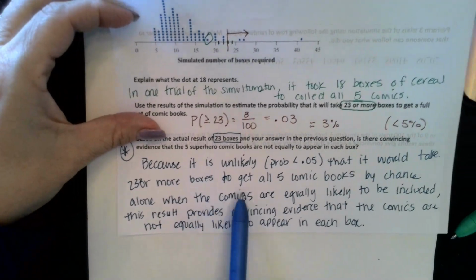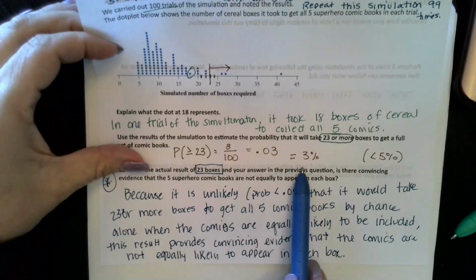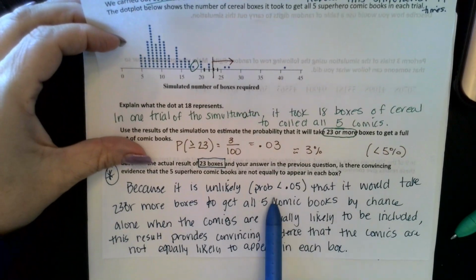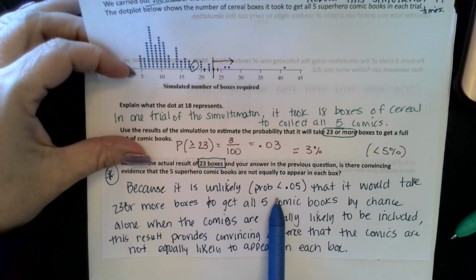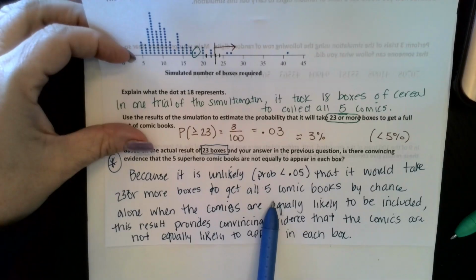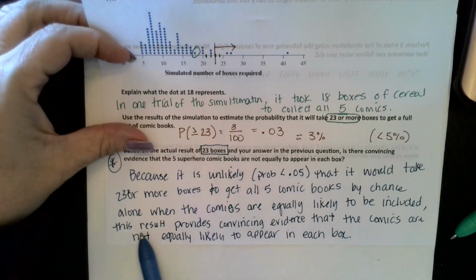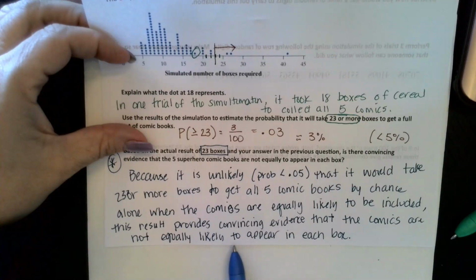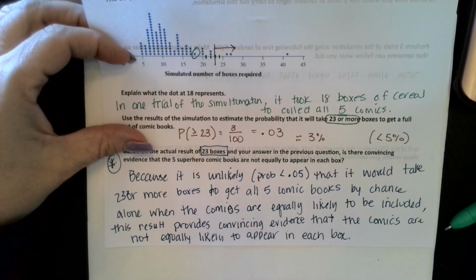So because it's unlikely, we got 3%, this is 5%, it is unlikely that it would take 23 or more boxes to get all 5 comic books by chance alone when the comics are equally likely to be included. This result provides convincing evidence that the comics are not equally likely to appear in each box. Okay?